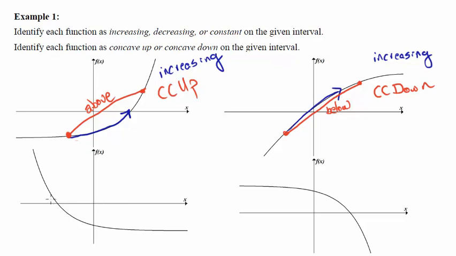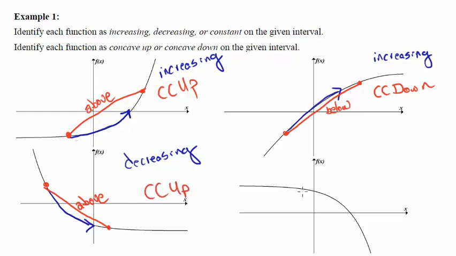All right, over here, when I move left to right, I'm going downhill. So this is decreasing. And then when I connect 2 points here, I am above, so that is concave up.